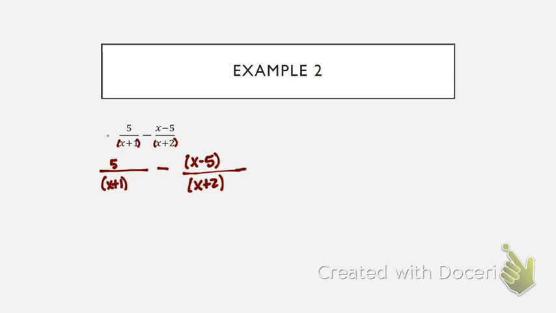So, okay, we're here. I need to have a common denominator, and the x plus 1 and x plus 2 are protected. So because I need the same thing in the denominator of both fractions, I'm going to have to put the factor that's missing into the first fraction. So my common denominator here is going to be x plus 1 and x plus 2.